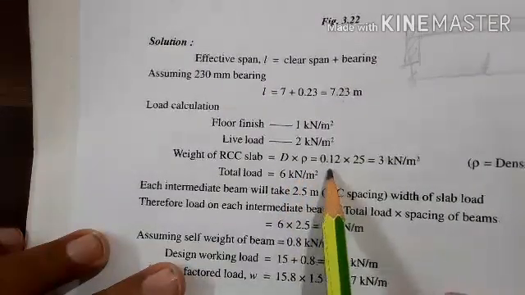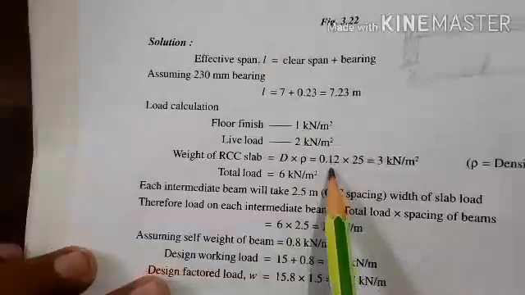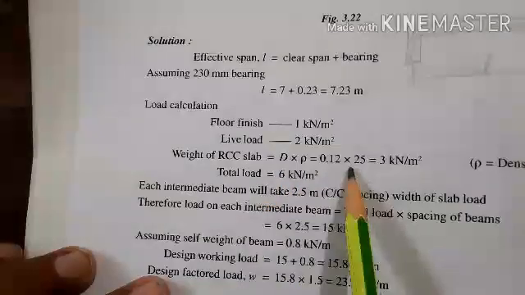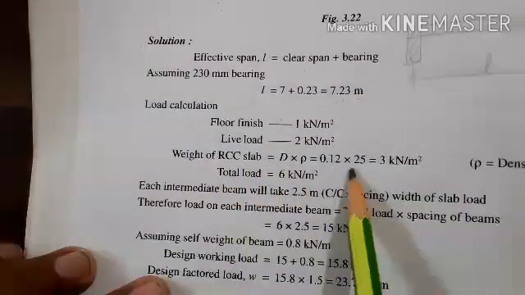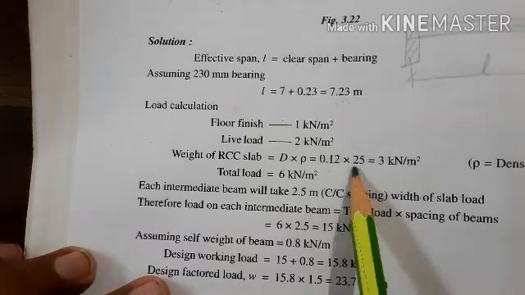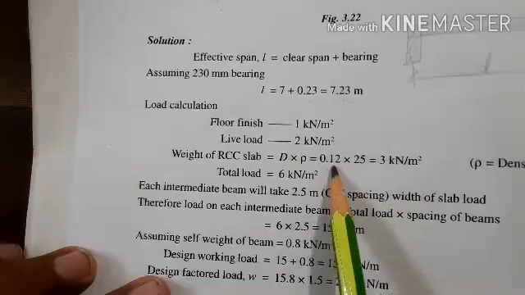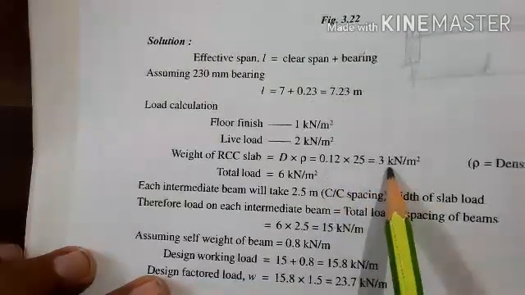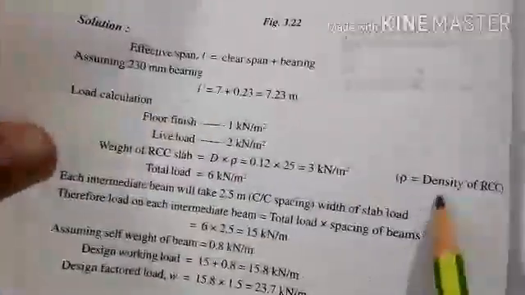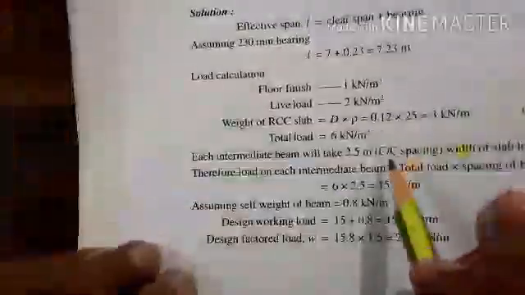Here the thickness is given as 12 centimeter, multiplied by the density of RCC, that is 25 kilonewton per meter cube. So when you multiply 25 by 0.12, you will get 3 kilonewton per meter square.